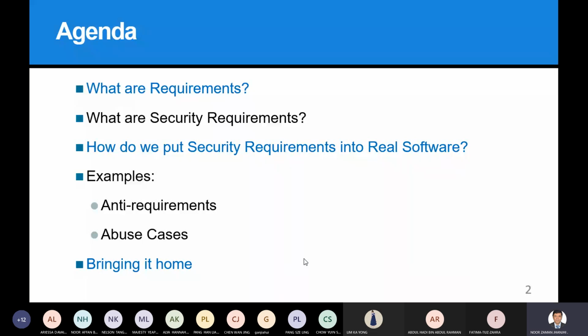When the requirements we are collecting are actually not real, then we call those requirements abuse requirements or abuse cases. And then finally, we will conclude how these things work and how important this is for the software. So for sure, each and everything here is truly important.